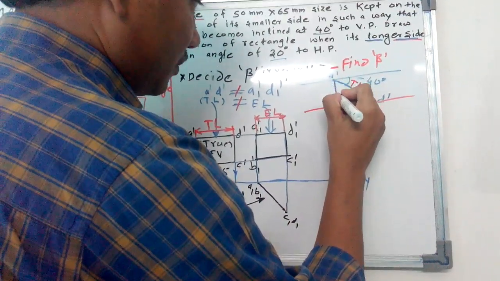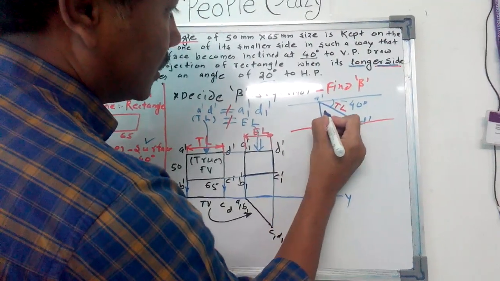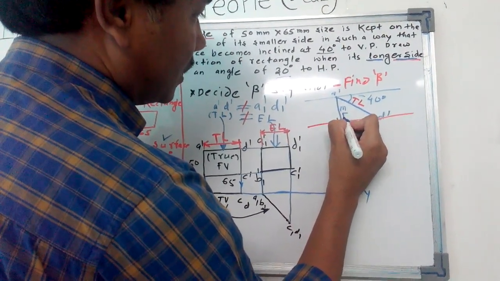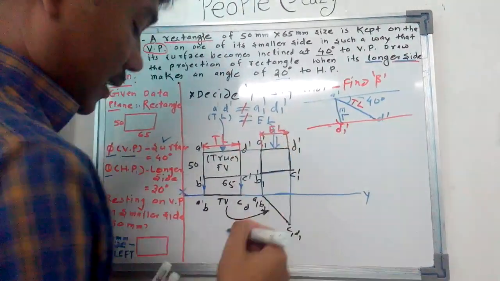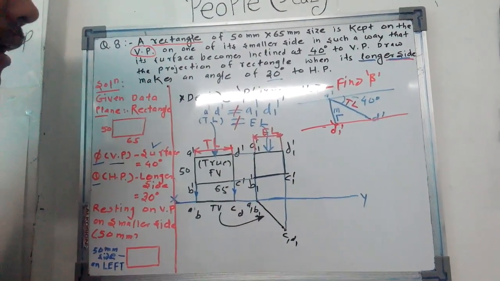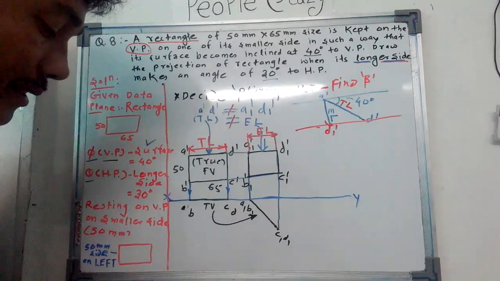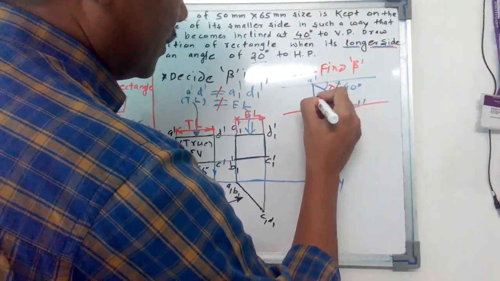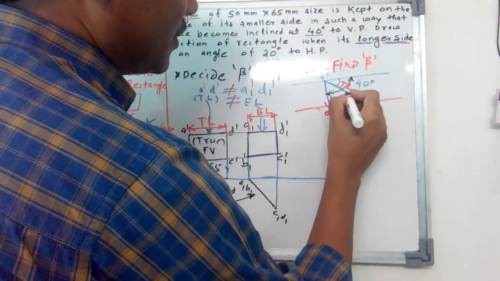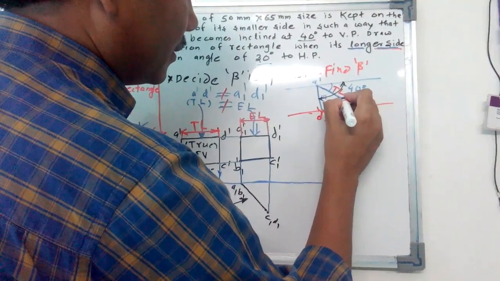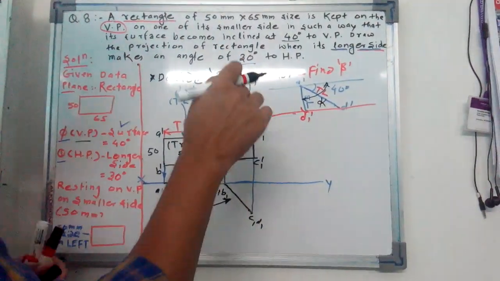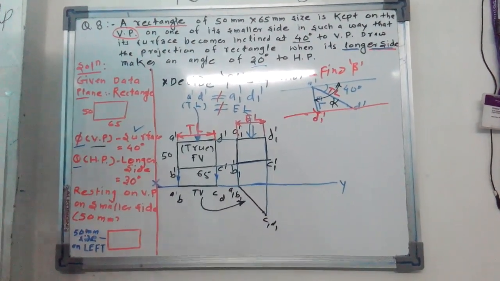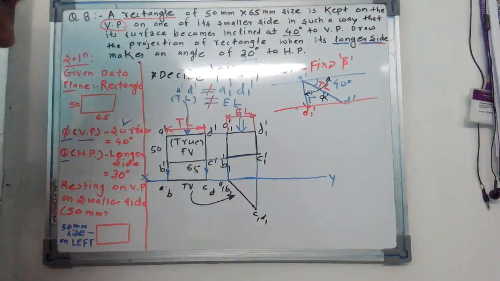Remember this length is termed as EL, and this will give the another angle. Whatever you will get, you have measurement, and this is actually the alpha as far as it is resting on VP is concerned. So this angle you will be taking instead of this 40.